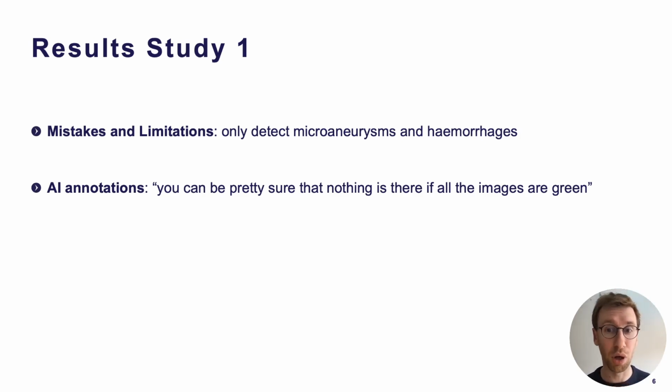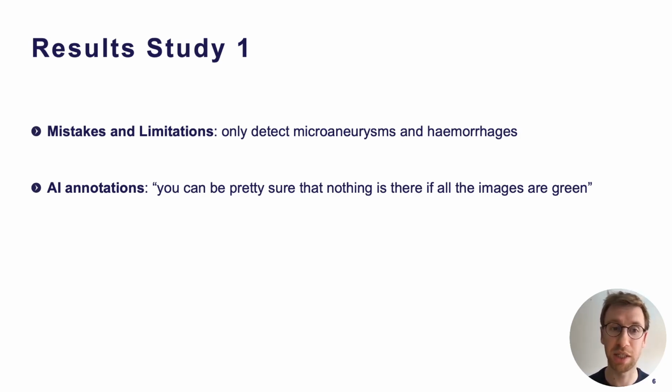Our results show that ophthalmologists highlight the mistakes and limitations of the system. So when there is an obvious abnormality that is not detected by the AI system, they are quick to point this out. But it's important to note that the AI system has been designed to only detect microaneurysms and hemorrhages. At the same time, we observed that in cases where all the images were labeled as green, ophthalmologists spend substantially less time analyzing a patient, dropping from around 15 seconds per image to around 5 seconds per image.